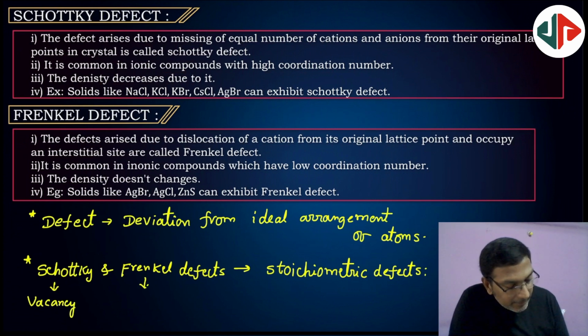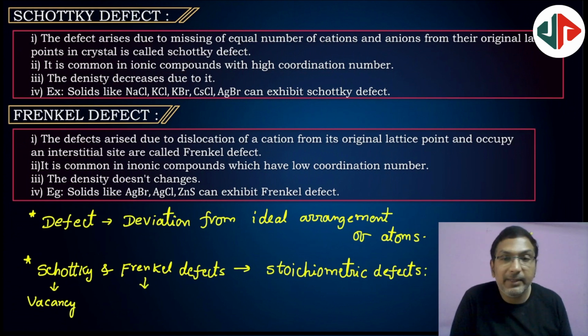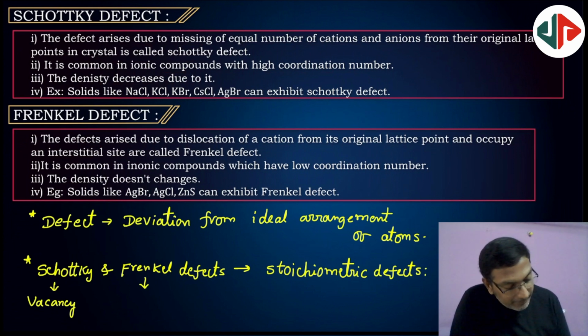And Frenkel defect is an interstitial defect, or dislocation defect. You can say dislocation.